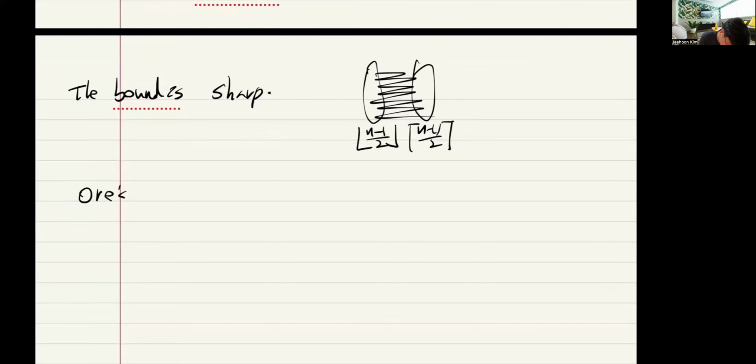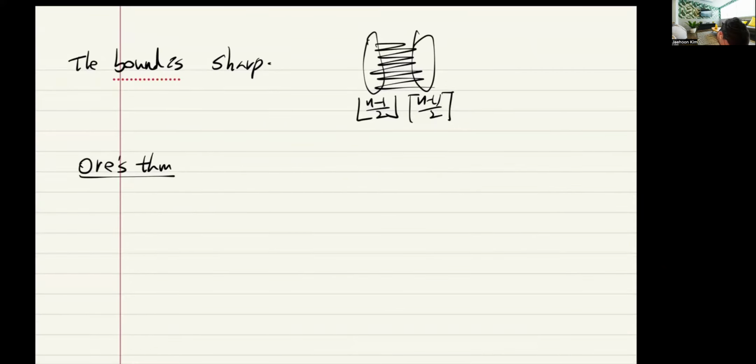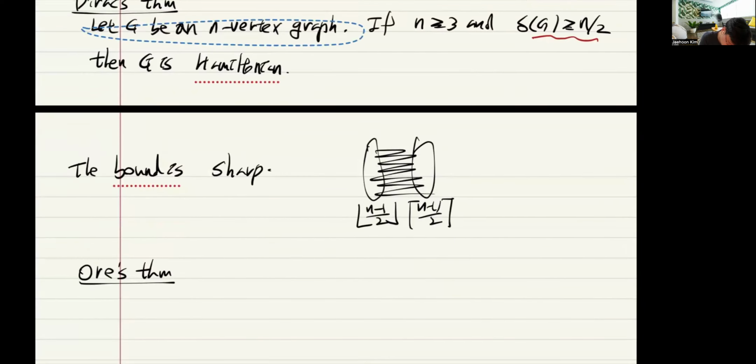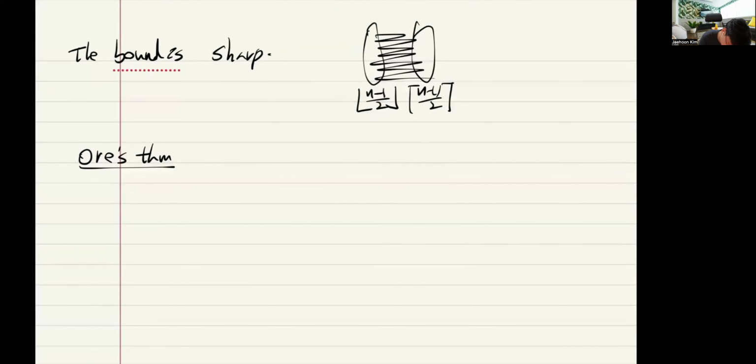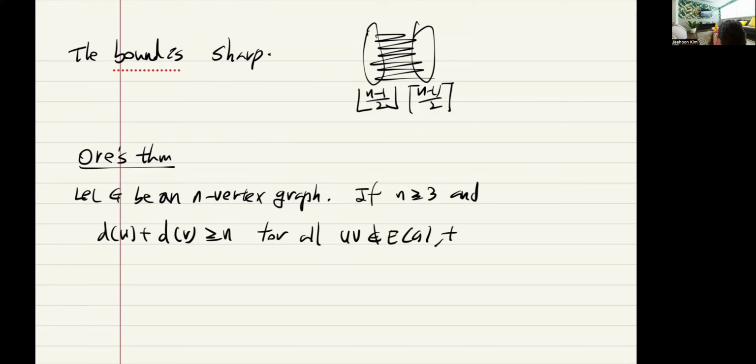And actually, there is a stronger theorem called Ore's theorem, and we want to prove this instead. So again, G is an n vertex graph. If n is at least 3, and for every two non-adjacent vertices u and v, their degree sum is at least n, then G is Hamiltonian.